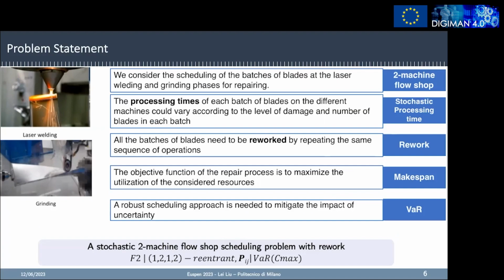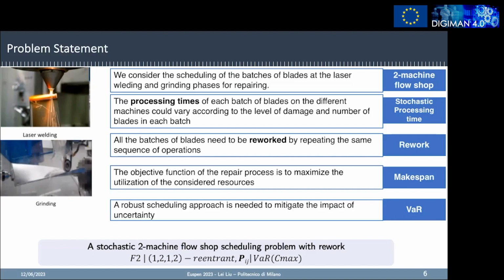Okay, now I'll summarize the problem. We consider the subset of bottleneck resources in the remanufacturing process, the laser welding and grinding phases, which can be modeled as a two-machine flow shop. The processing time of each batch of blades can be described by a stochastic distribution.